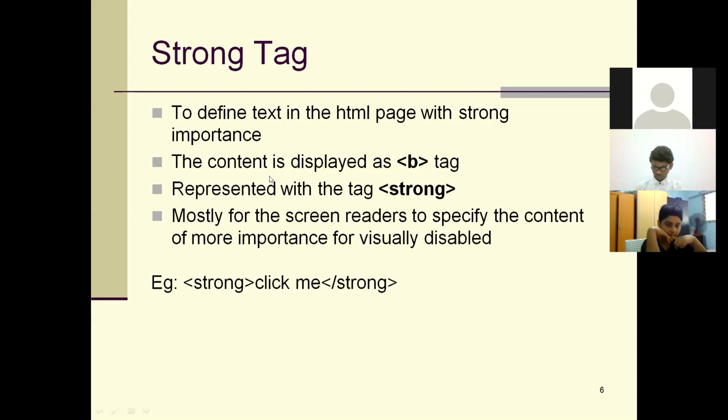Okay. Yes. So the content is displayed the same as bold and represented using the strong tag. See the less than symbol, strong, and greater than symbol. And the last statement specifies that it is mostly for the screen readers to specify content of more importance for visually disabled people. Okay.